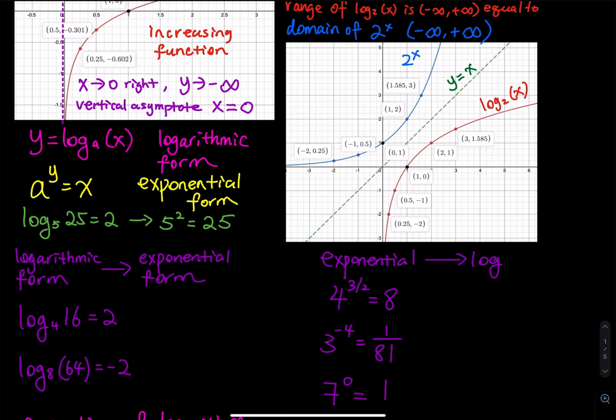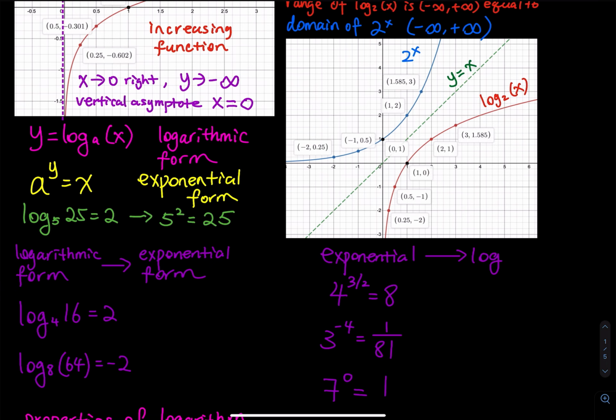Now, of course, we have to do some exercises. In the first column, I gave you two logarithmic forms. I want you to write the exponential form. The first problem is log base 4 of 16 equals 2.